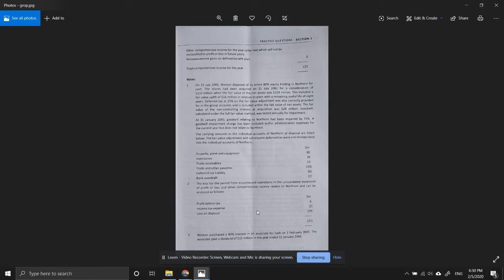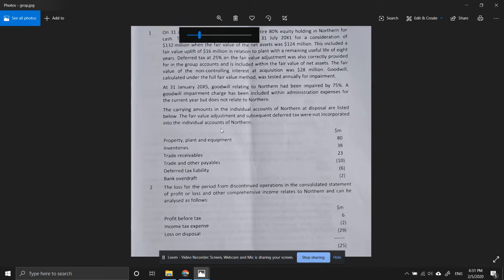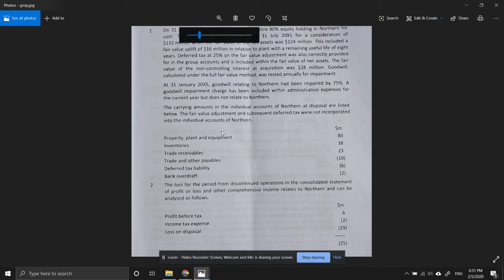On note number 2, PBT, income tax expense, and loss on disposal are also given. So that was our profit, and then there was a loss on disposal.